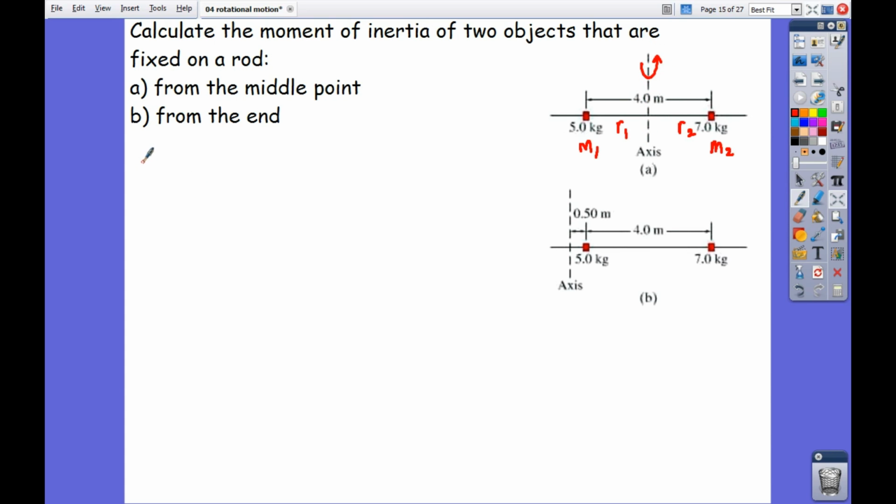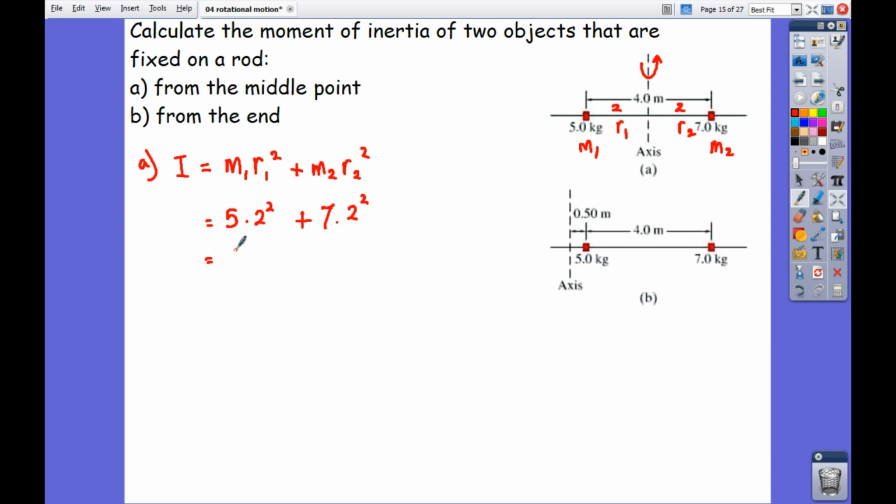So let's answer the first question. Moment of inertia is mass 1 times r1 squared added by mass 2 times r2 squared, equal to 5 times 2 squared added by 7 times 2 squared.